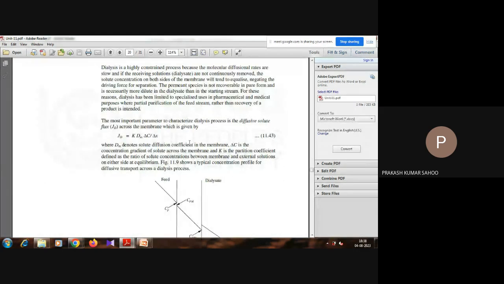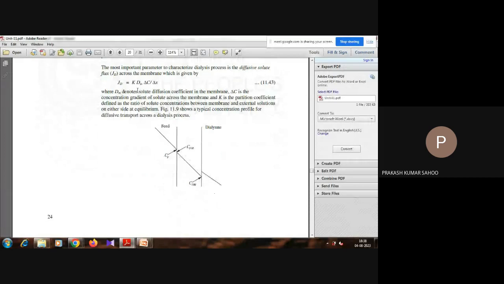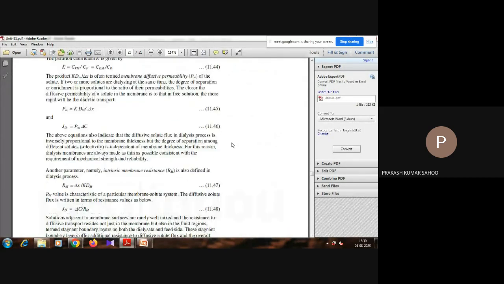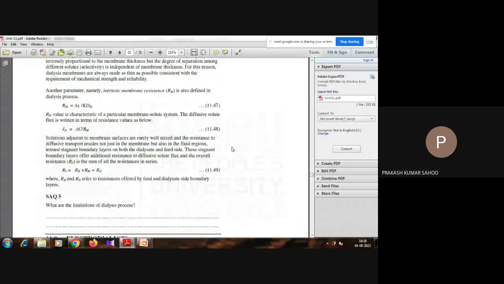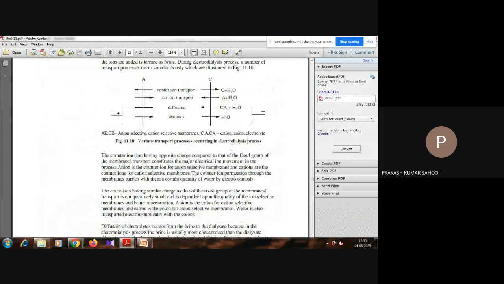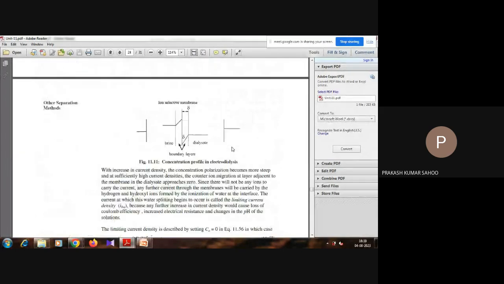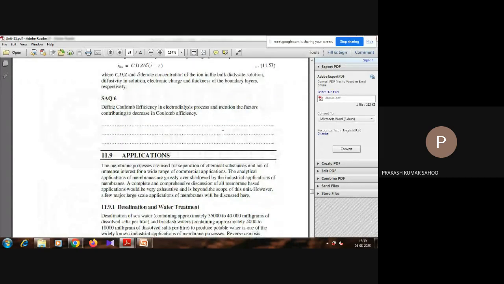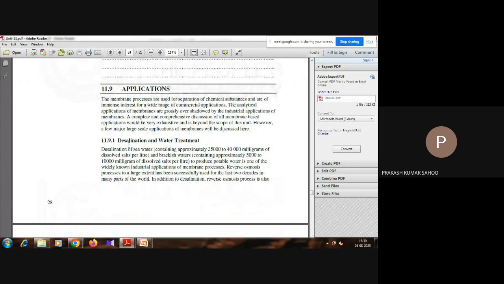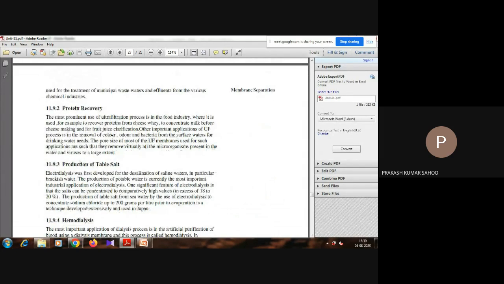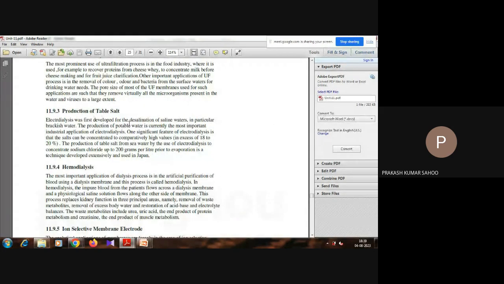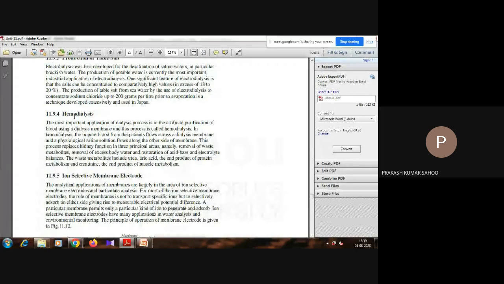Dialysis was already discussed. Then you would have some equations like this, which are also highlighted in our PPT. Then electrodialysis. Then we have applications like desalination and water treatment, protein recovery, production of table salt, and hemodialysis.